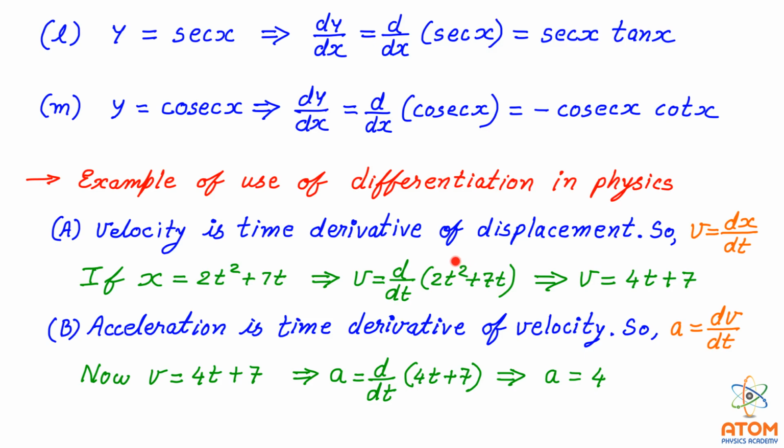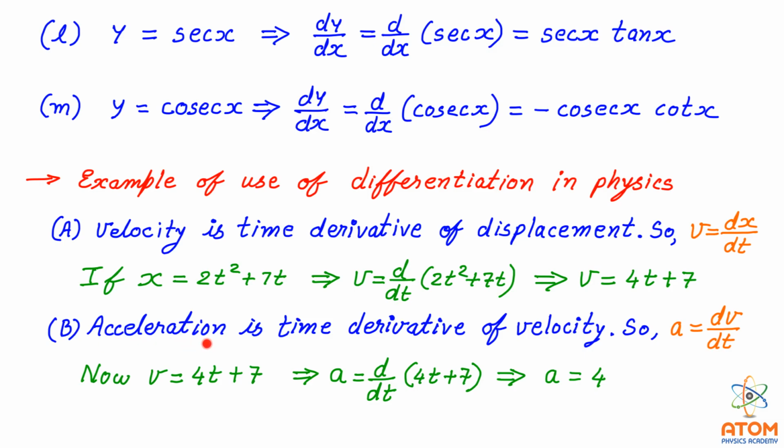The differentiation of 2t square will be 4t and differentiation of 7t will be just 7. So the equation of velocity becomes v is equal to 4t plus 7. Thus from the equation of displacement we get the equation of velocity by differentiation.